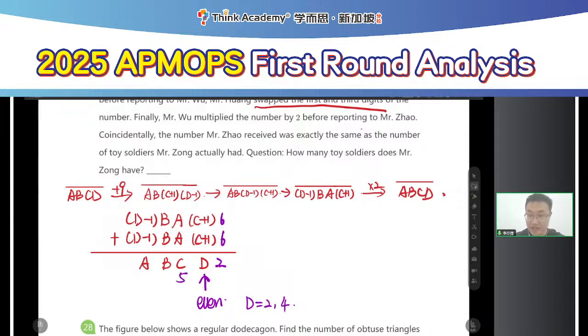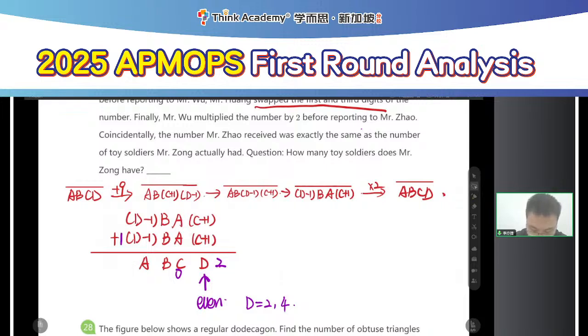Let's try each case. If this is the 1, this is the 0, and A plus A equals 0, and A is not 0, so A must be 5. But then D equals 2, so this is 1 plus 1. Can 1 plus 1 equal 5? Not possible, right? So C plus 1 cannot be 1.